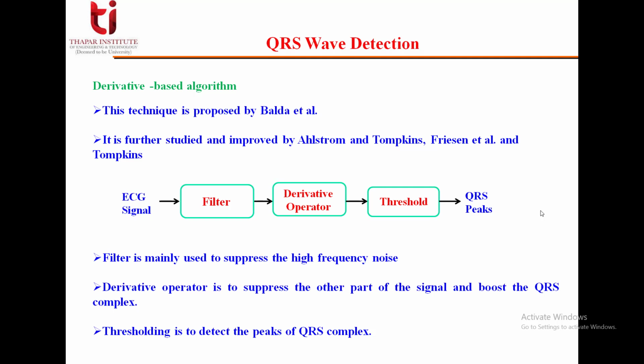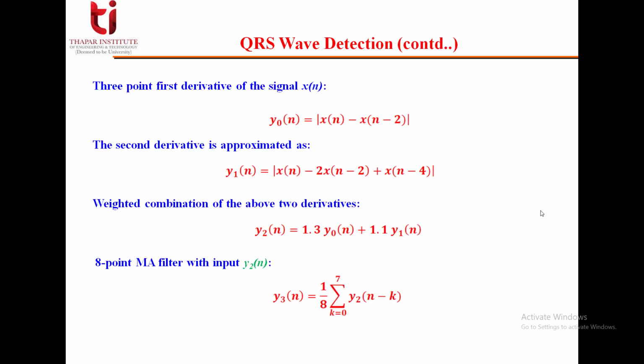Now let's see how this scheme works. The first thing is we use the 3-point first derivative of the signal. You can see in this equation y0[n], which is given as the magnitude of x[n] minus x[n-2].